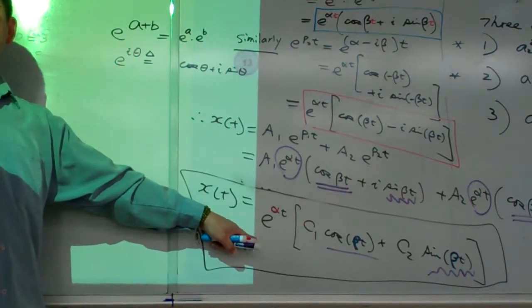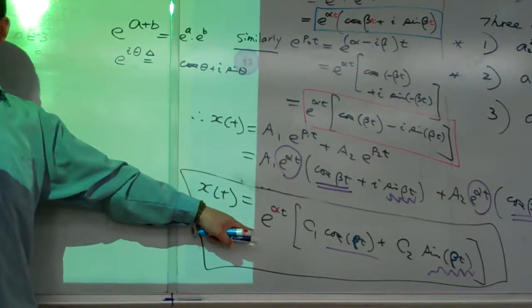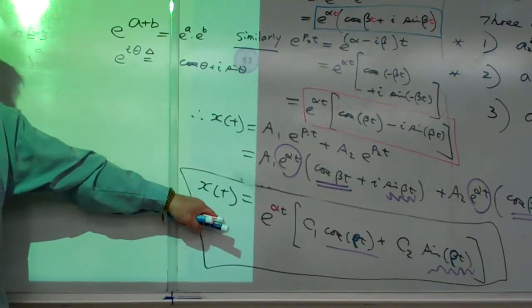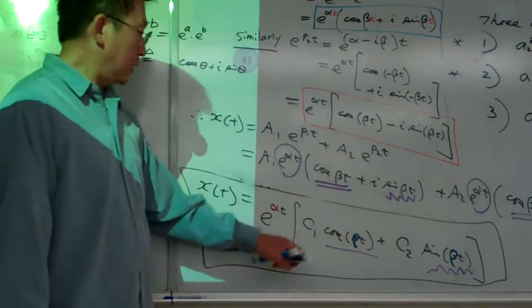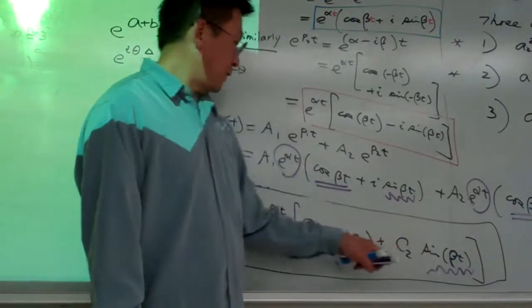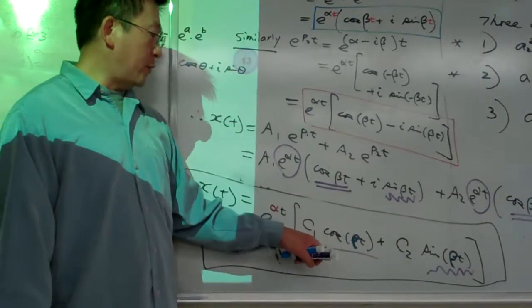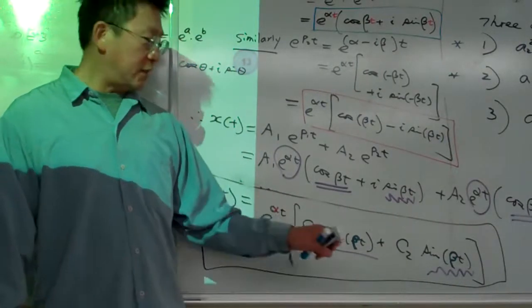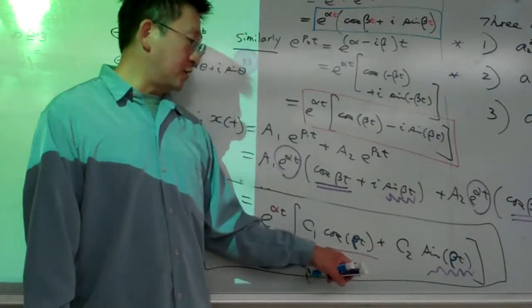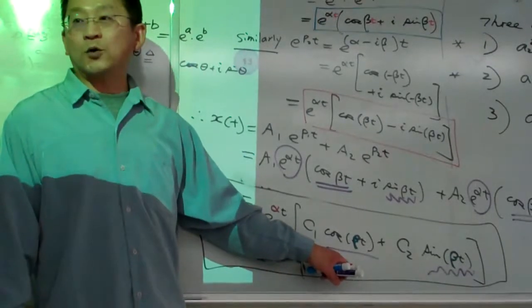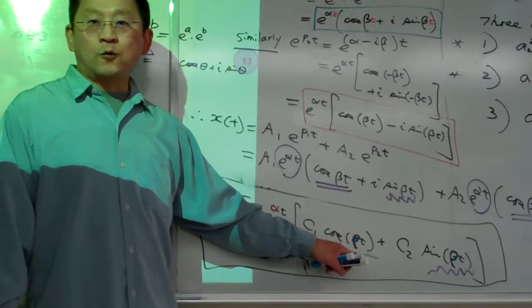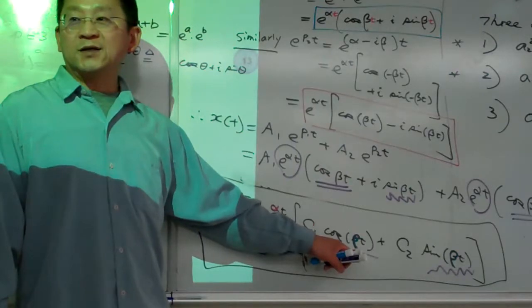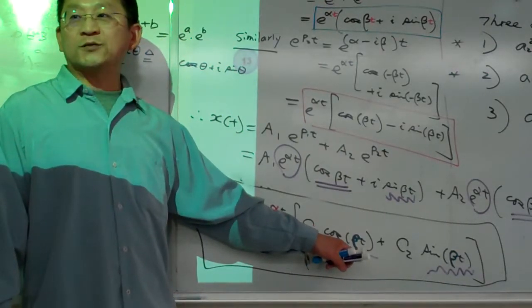And let us get more understanding of the physical meaning of this one. The two terms here, with certain constants, are a linear combination of cosine beta t plus sine beta t. Basically this is a combination of simple harmonic motion, right? In our homework 1, probably you have an exercise like cosine 2t plus 3 sine 2t.